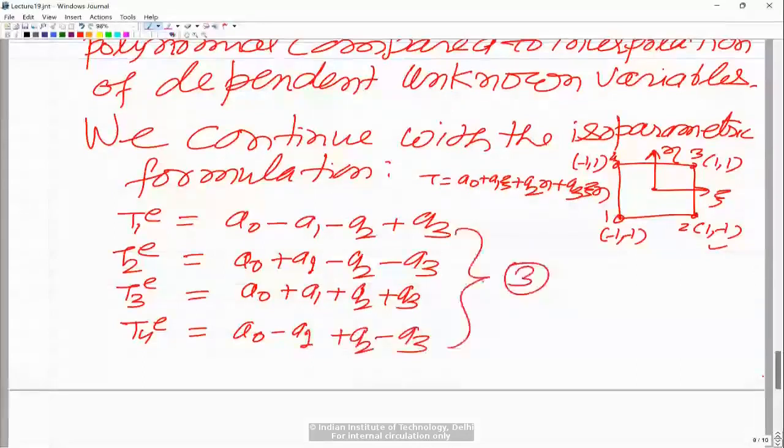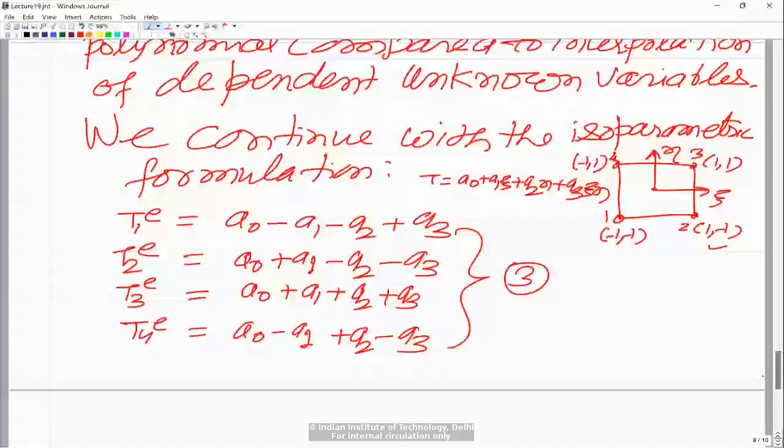So the first step is to solve equation 3 for a0, a1, a2, a3, and similar equations you would be able to write for x1, x2, x3, x4 and y1, y2, y3, y4 in terms of the corresponding constants b's and c's.